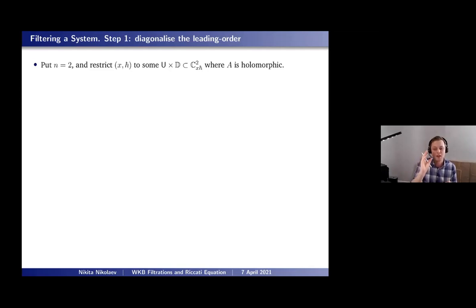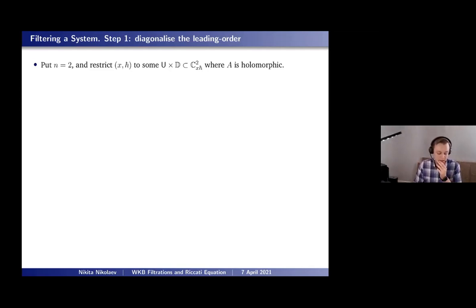That's easy, and you use that as leverage to continue in your quest for triangularizing the system for all H bar. So this is what I'll do.